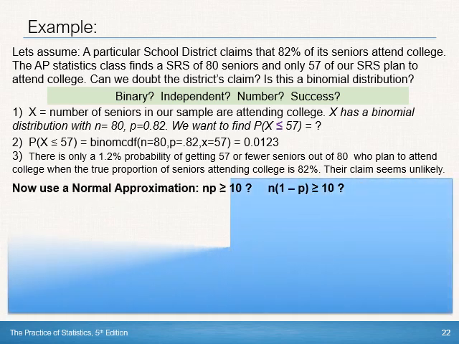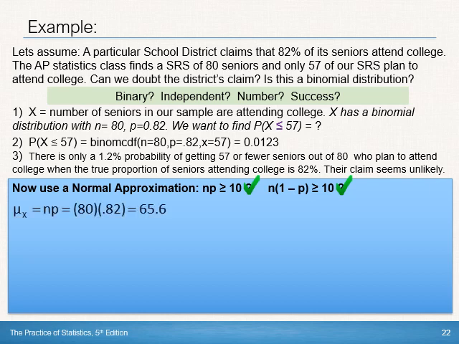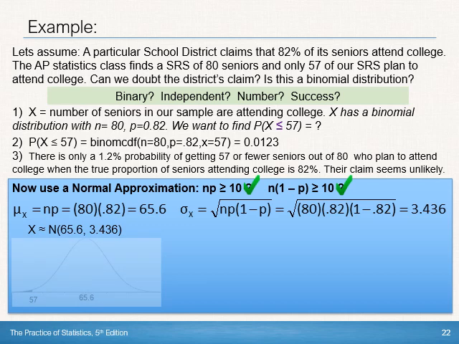Now let's think about, could we use a normal approximation for this situation? The first thing we want to check is n times p greater than 10, and is n times 1 minus p greater than 10? Yes, both of those work. So we could approximate this answer using a normal distribution. We would calculate our mean and our standard deviation using the formulas for binomial random variables.